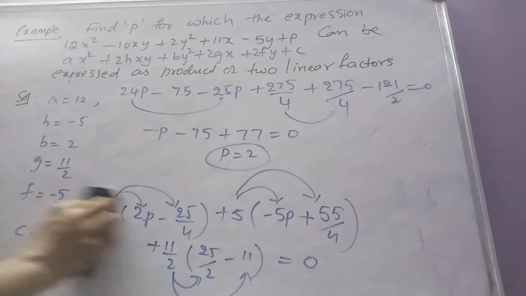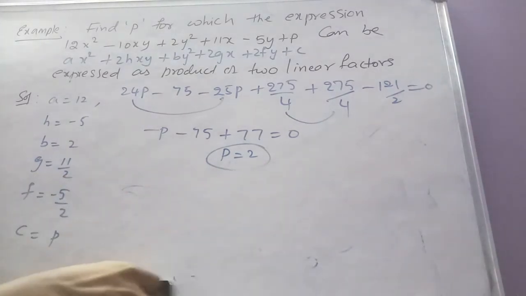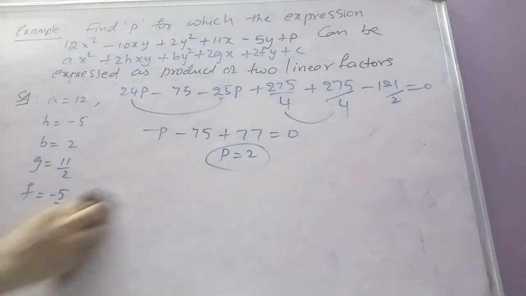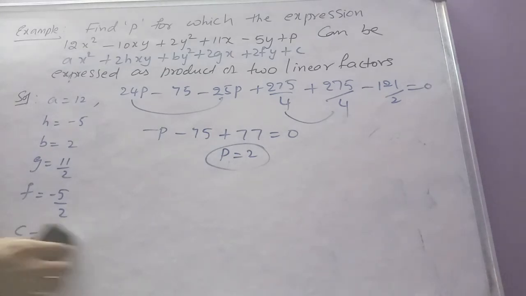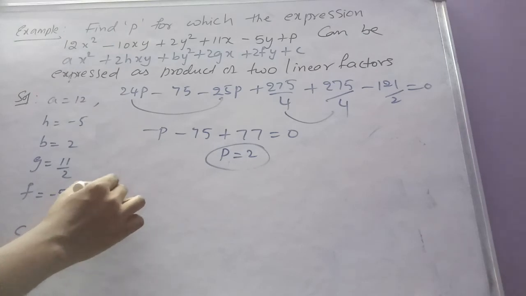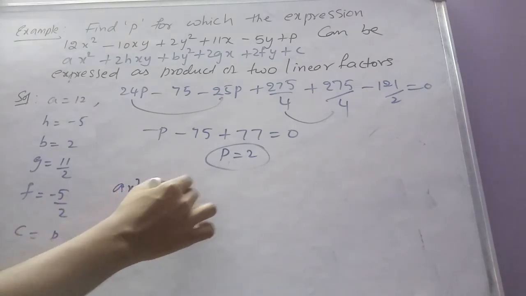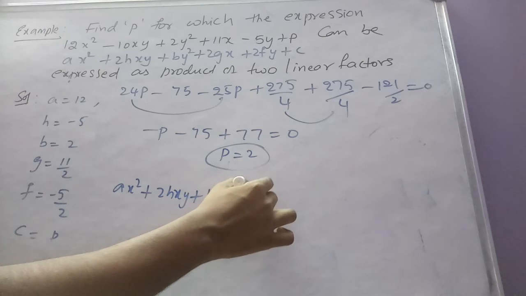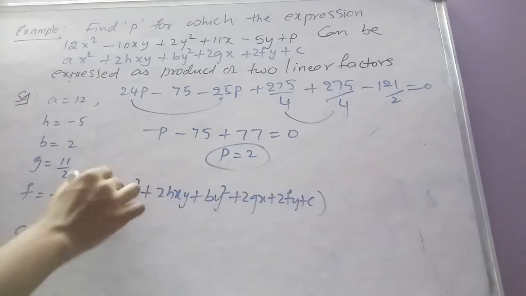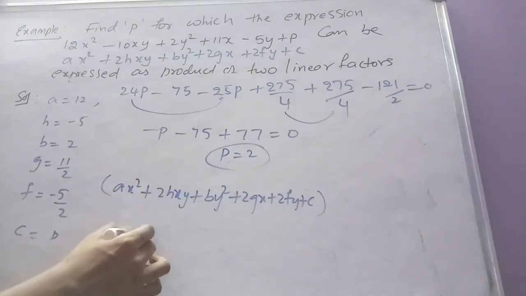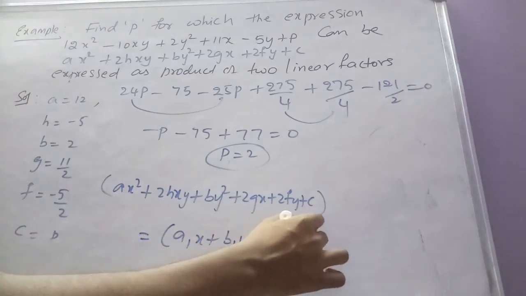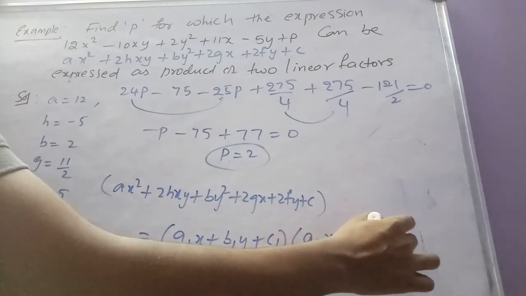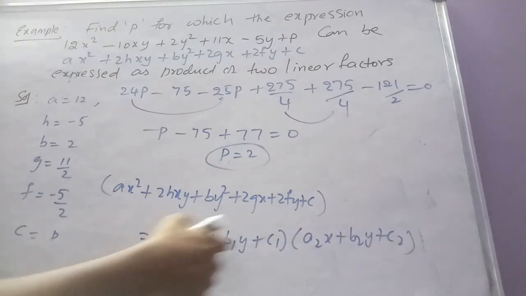Okay. So before concluding the class, do you understand what is the meaning of writing this second degree equation as product of two linear factors? I hope that you already know it. In case if you don't know, if ax square plus 2hxy plus by square plus 2gx plus 2fy plus c is a second degree equation, and if I can write this as a1x plus b1y plus c1 into a2x plus b2y plus c2, this is a linear factor and this is another linear factor.